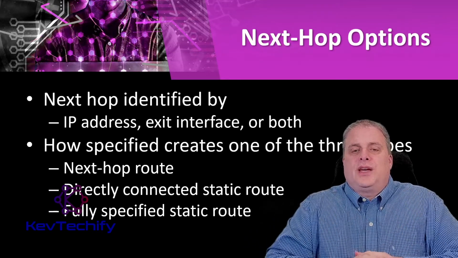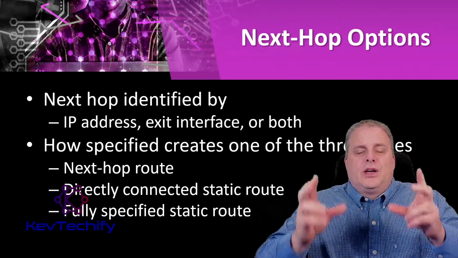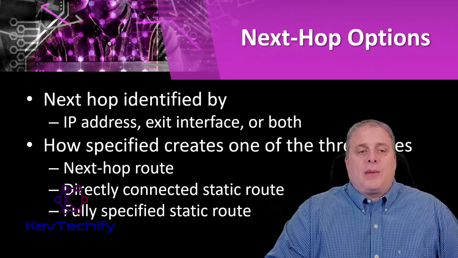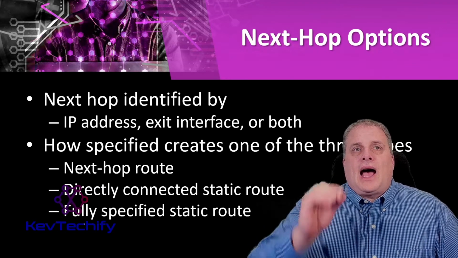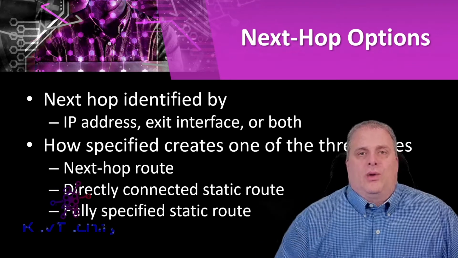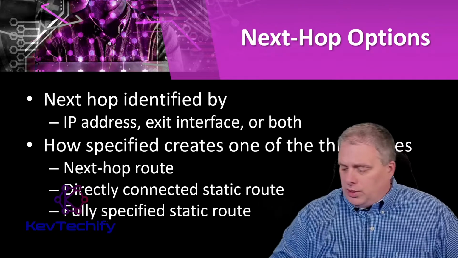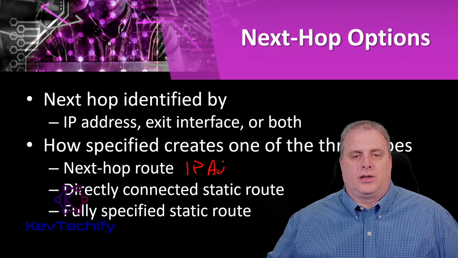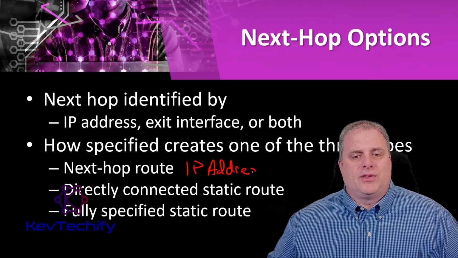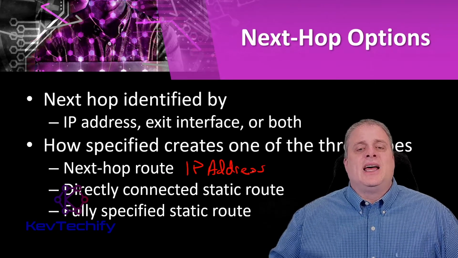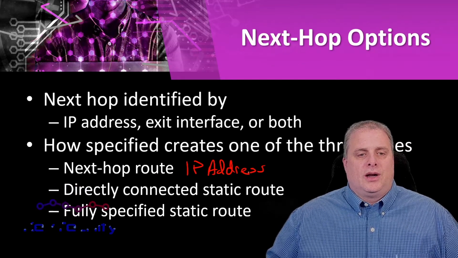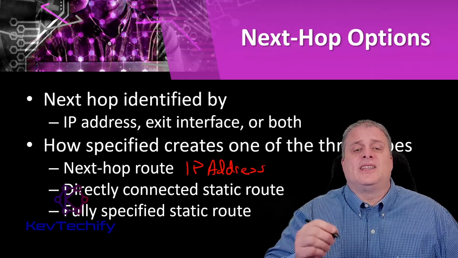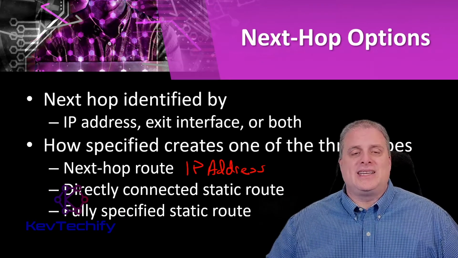How we specify those creates one of three types of next hops. The next hop route is the IP address of that next router. It can be an IP version 4 or IP version 6 address, but it is an IP address we put in there. The directly connected static route goes out an exit interface.